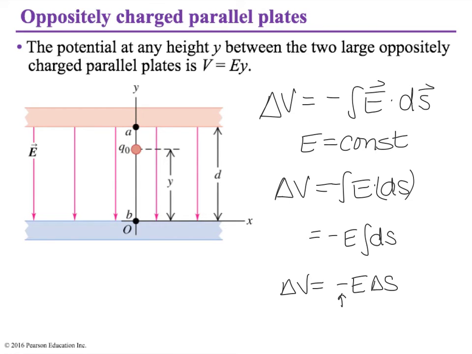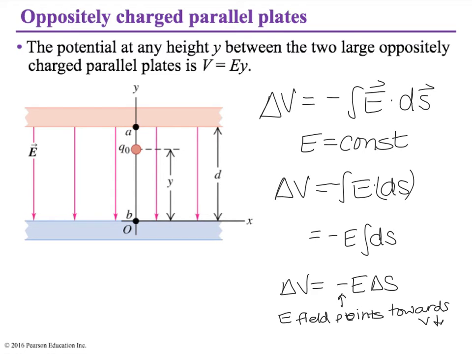The negative sign is only because of the way that the electric field points in the direction of decreasing potential, and so that's what the negative sign means. So the E field points towards the decreasing potential.